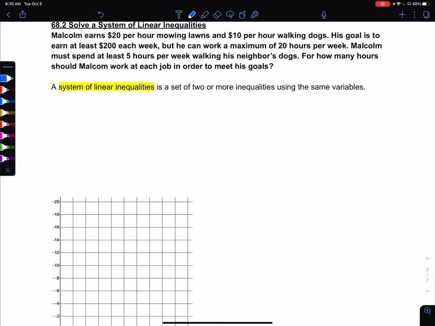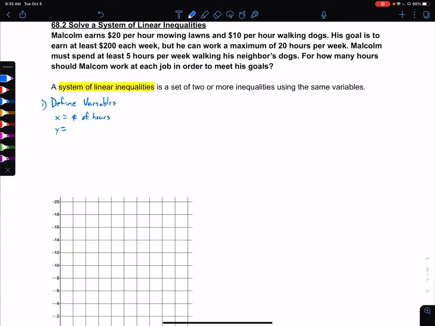So the first thing we need to do is define the variables. Step 1, define variables. Let's just use x and y, since we're using a coordinate plane, it'll make a lot of sense. So x we can say is the number of hours spent.